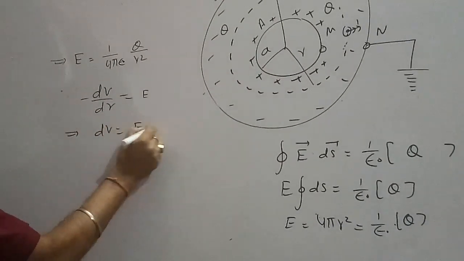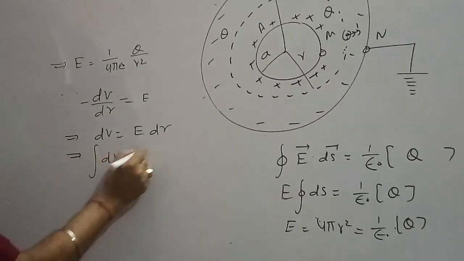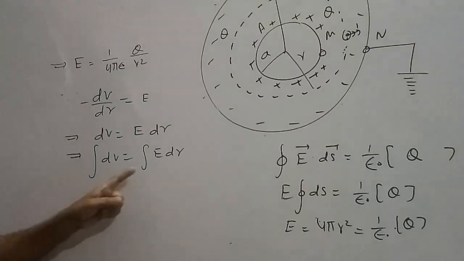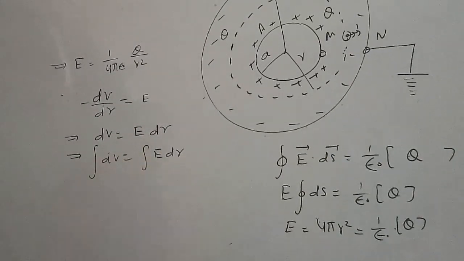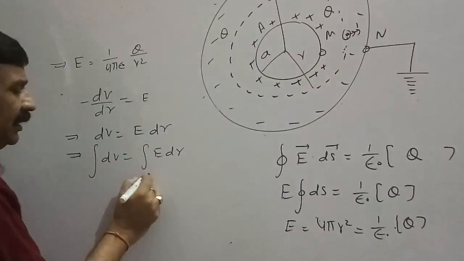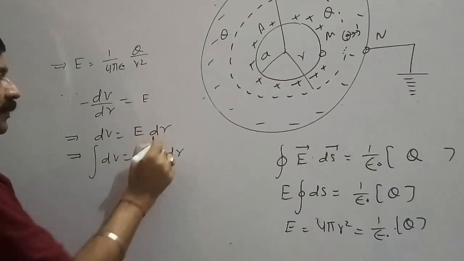Now since we know that minus dV by dr is intensity, if we consider magnitude only, dV is equal to E dr, which implies that the integration of dV is equal to the integration of E dr. Here we are integrating with respect to distance. When the point is M, the distance will be small a, and when the point is N, the distance will be small b.